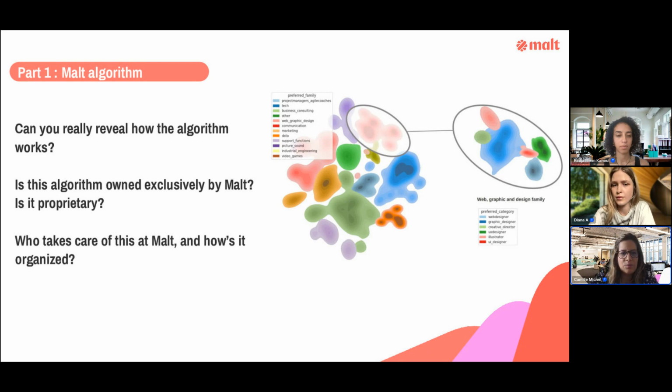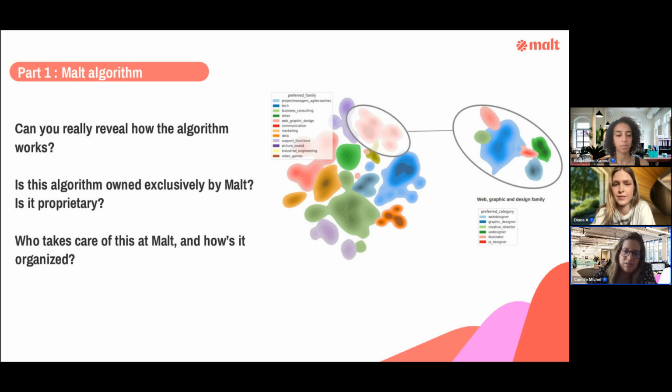And so about the question, is the algorithm owned exclusively by Malt, and is it proprietary? Yes, absolutely. The matching algorithm is fully developed in-house by a dedicated team at Malt, and it was specifically designed to fit the needs of our platform, which means connecting clients' requests with the right freelancers.